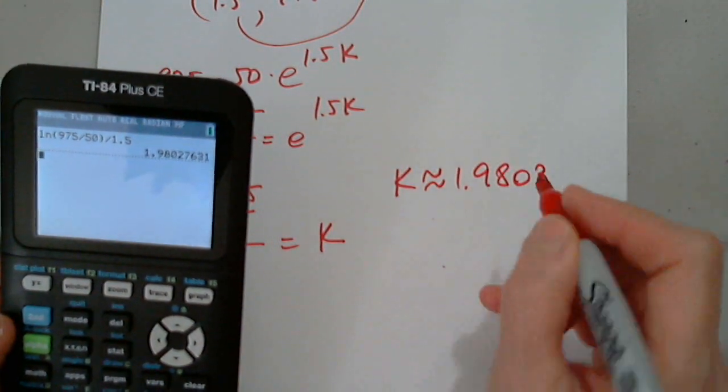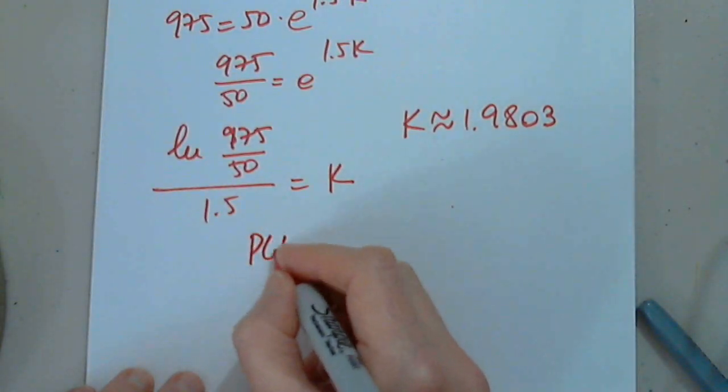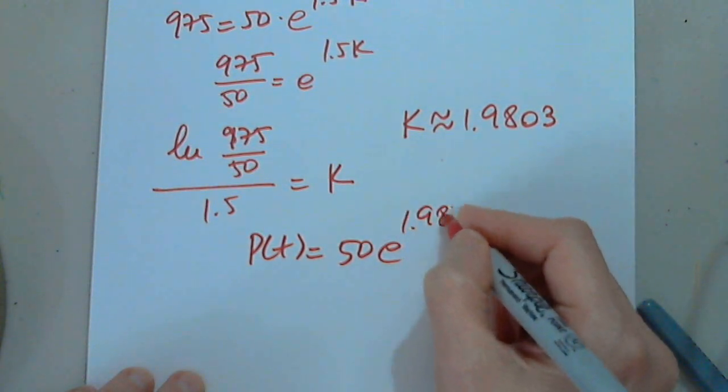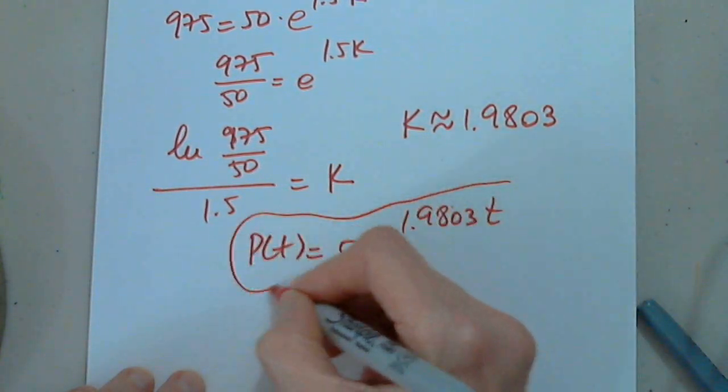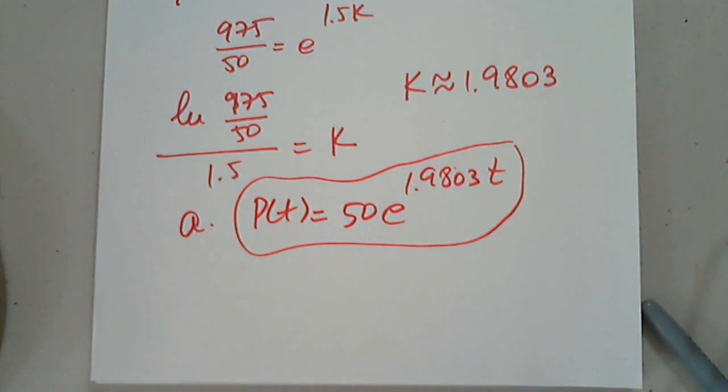We will put it back in the model. So P of t equals 50 e to 1.9803t. So we answered part A, in which we determined the expression for the number of bacteria after t hours.